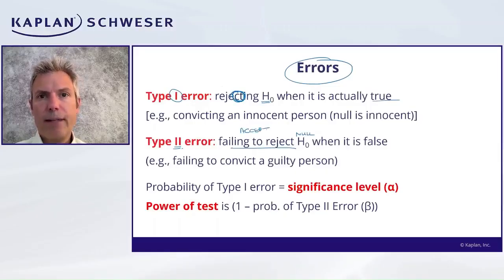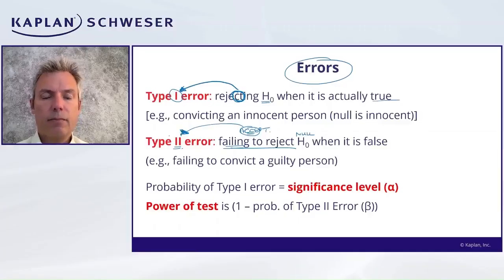You never do that. That's bad logic. But you are kind of accepting it if you fail to reject it. Now, there's 2 C's in accept, and that reminds you that failing to reject the null, accepting it, when actually it's false, that's a type 2 error. Rejecting the null, when actually it's true, there's 1 C in reject, that's a type 1 error.